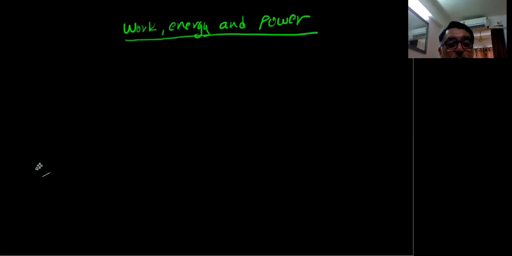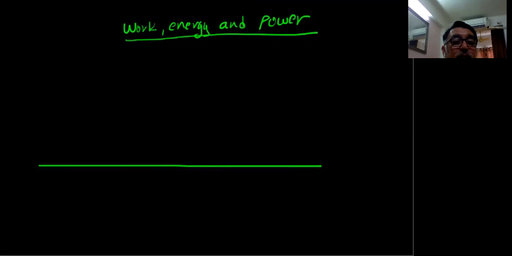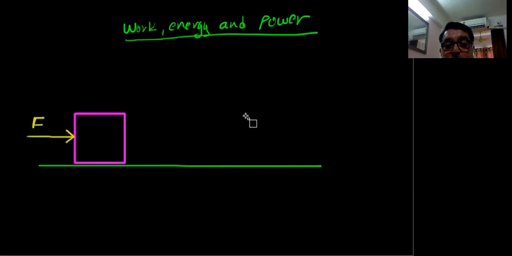Let's assume there is a box lying on the ground, and we apply a force F. There is a displacement in the box. That means the box will move from here to here.